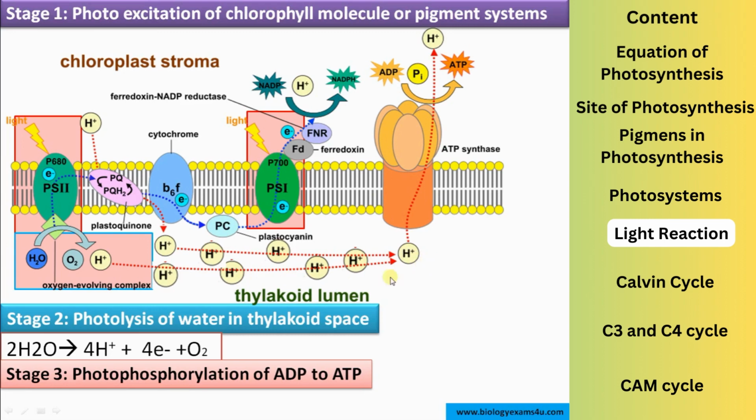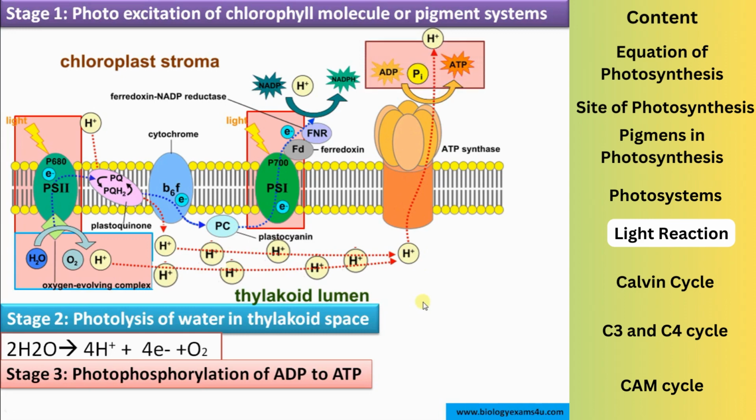So simply, this proton gradient is created by photolysis of water and also by the pumping of protons from the chloroplast stromal region into the thylakoid lumen, utilizing the energy of electron flow. While H+ moves through ATP synthase, the only way for H+ to move out of the thylakoid lumen, that energy is utilized for combining ADP with Pi, forming ATP, the energy rich molecule. And that is the third step.